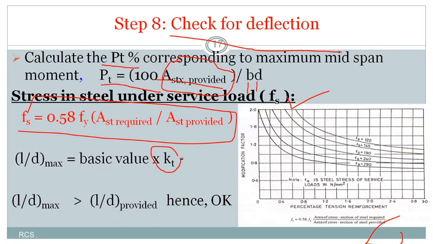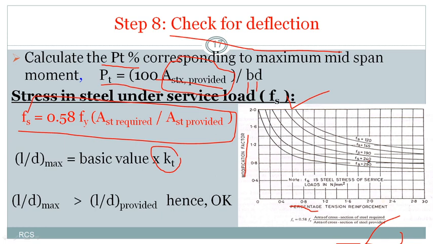What is kt? kt is the modification factor. This modification factor can be obtained from this graph, which is available in IS 456 2000. This modification factor value depends upon what? Here, the percentage of tension reinforcement and the Fs value. Here we have curves for Fs values.